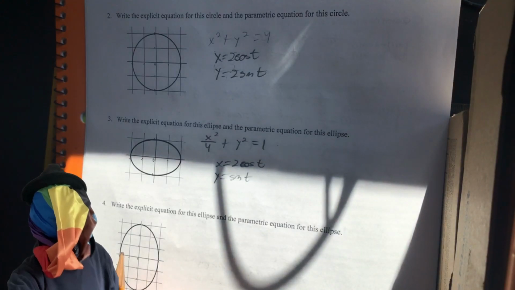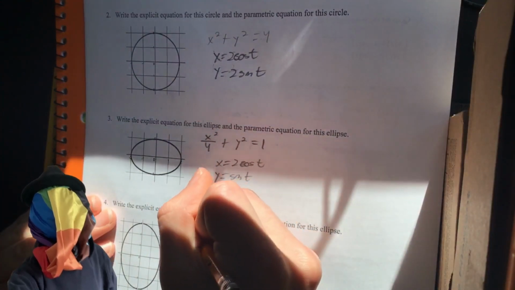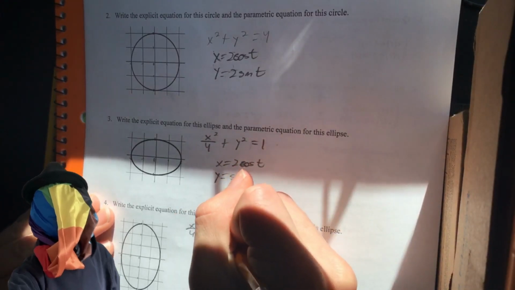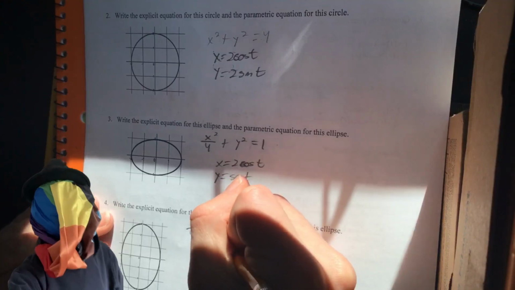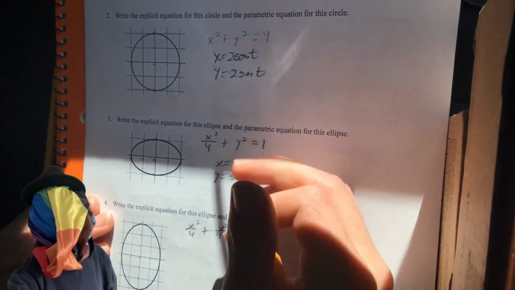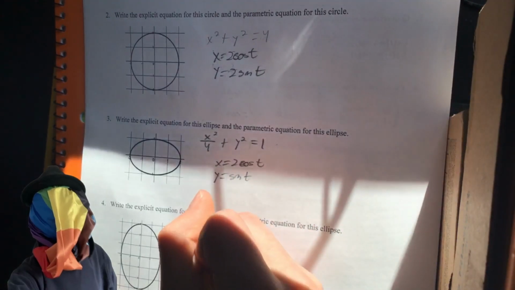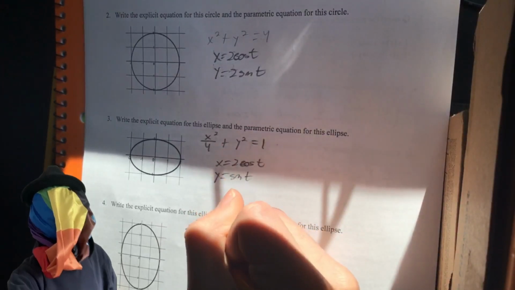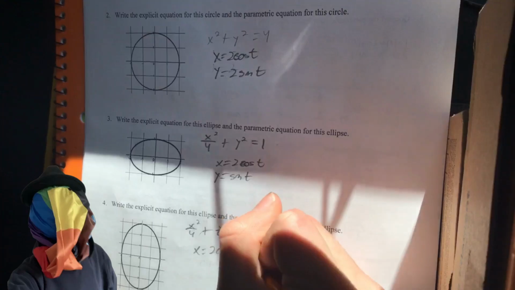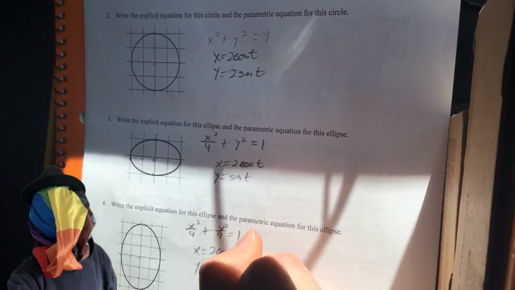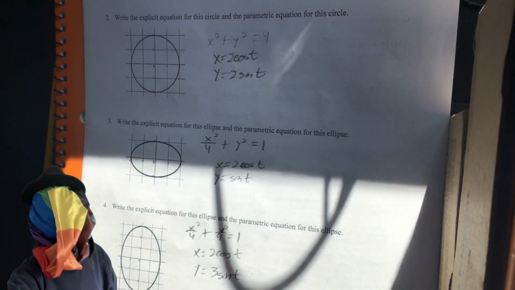Now for this, we do 3 again. First we do x over 4 squared plus y over 9 squared equals 1. Okay, now we're almost done. x equals 2 cosine t, y equals 3 sine t. Okay, we're finally done.